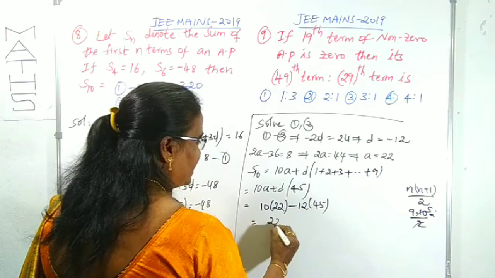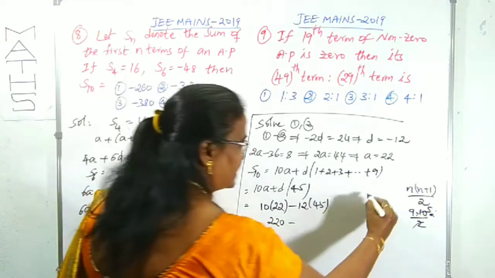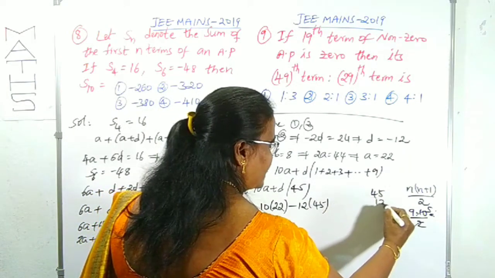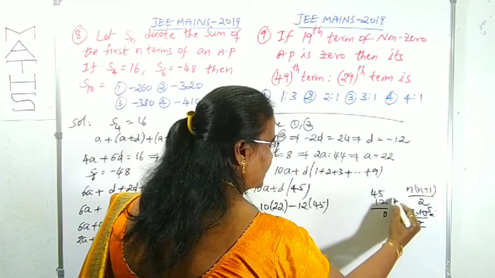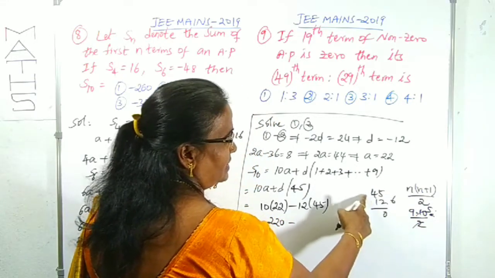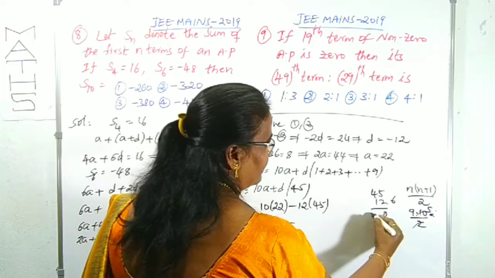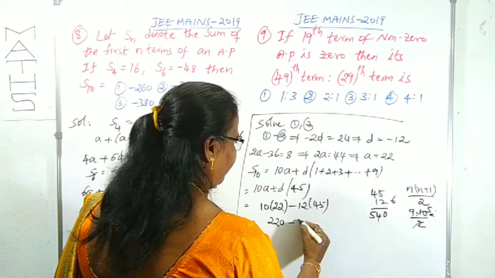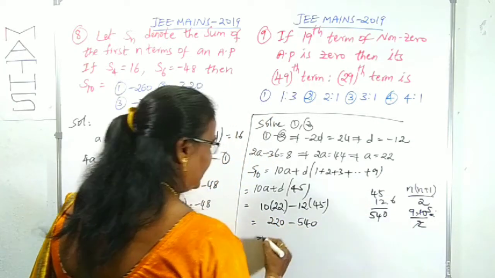So this is 220 minus 12 times 45. 12 times 45: 12 fives are 60, 12 fours are 48, that will be 540. Clear?